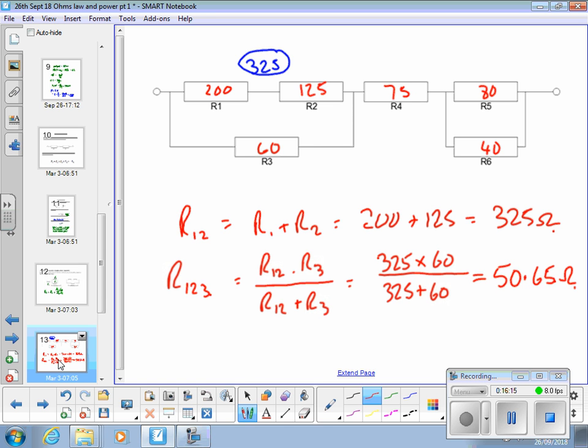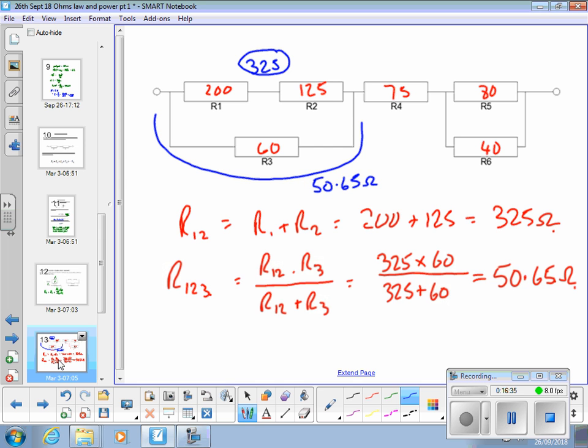That whole bit from there is smaller than the smallest. Yes, it's less than 60.